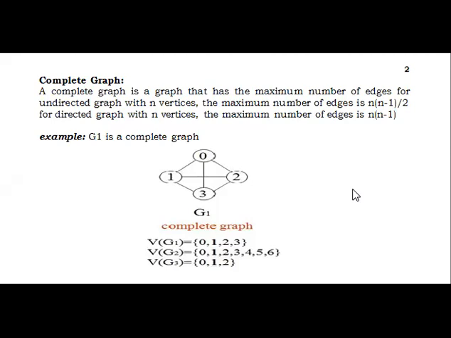So a complete graph means the maximum edges are present among the vertices. In this figure, the complete graph is connected to one another with the maximum edges. That is called a complete graph.